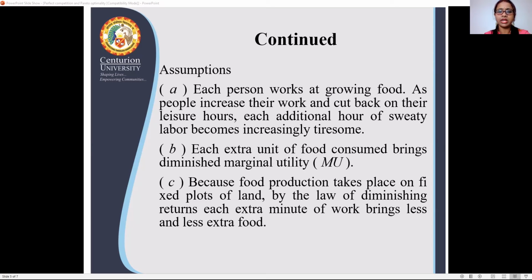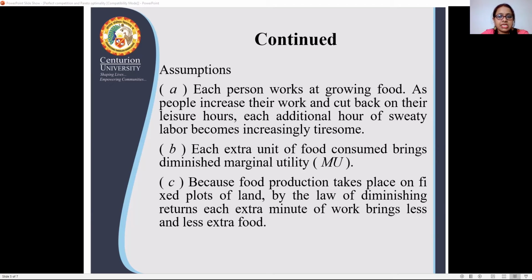We assume that each person works at growing food. As people increase their work and cut back on their leisure hours, each additional hour of sweaty labor becomes increasingly tiresome.